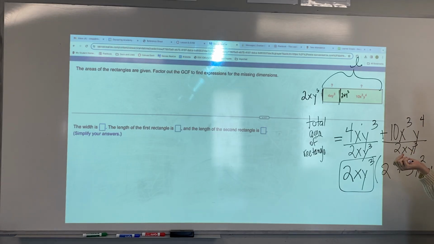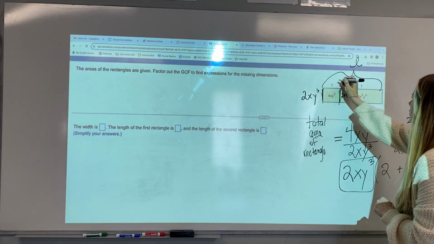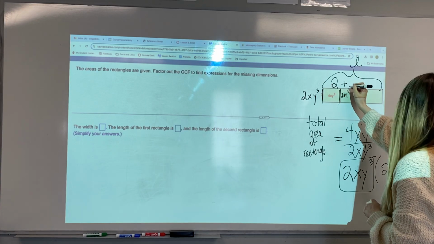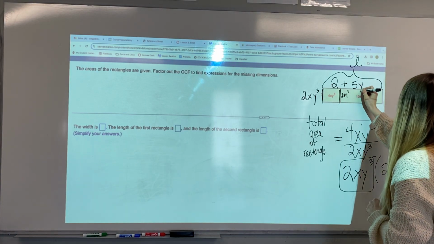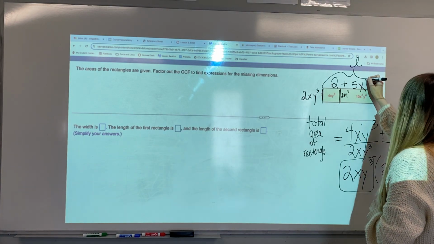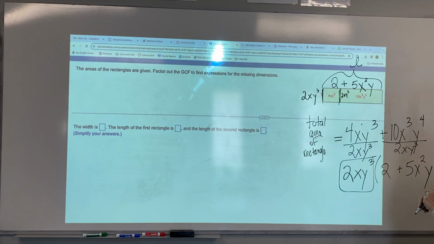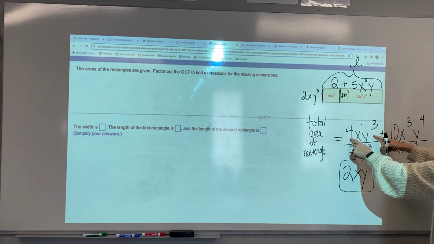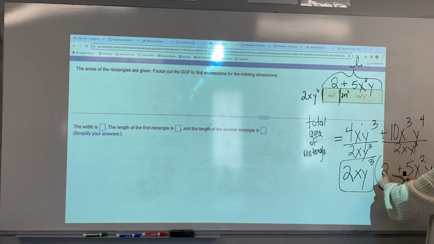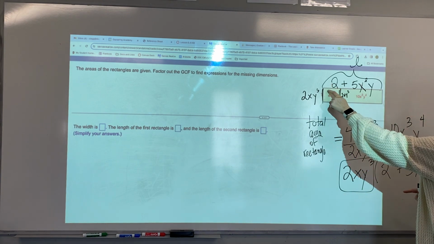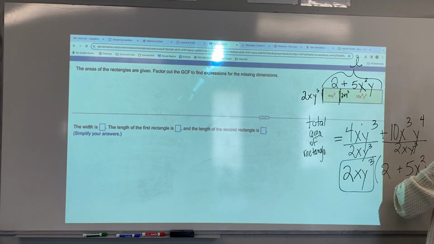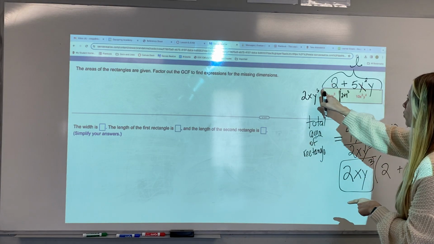It's the GCF. And the 2 plus the 5x squared y is the length. When we divided the first term by the GCF, we got 2, so that's the length for this rectangle, and then the width is this.